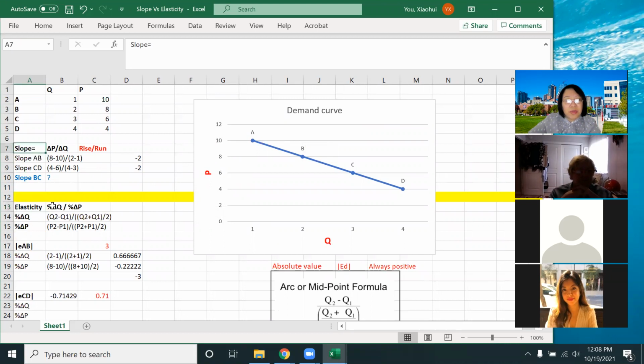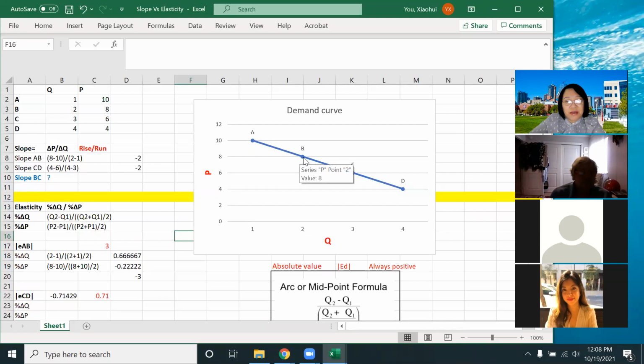So here, the slope is delta P over delta Q, or what we call rise versus run. And then for slope AB, to calculate, the formula will be this. If you look at it, that will be AB, right?